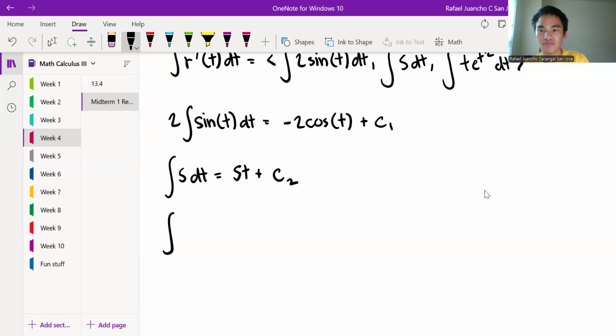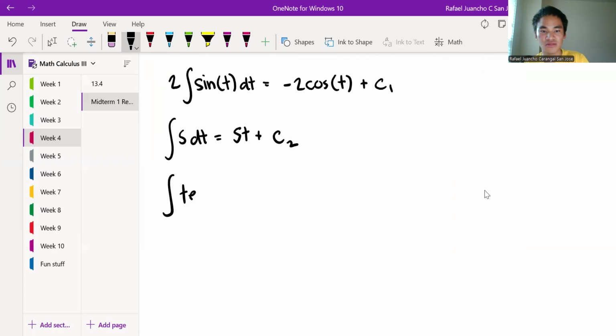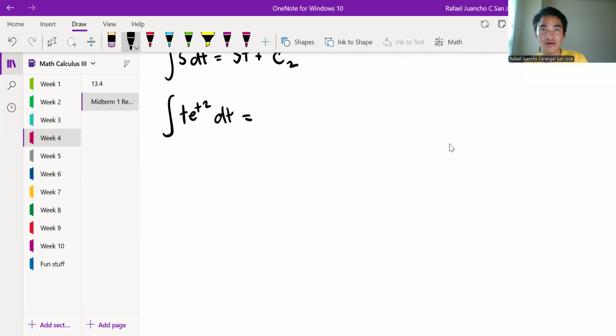Then we have this other one, t times e to the t squared. Here we can use a u sub, right? I could say my u is t squared. And then if I get its derivative, so I get du, this is just 2t dt.